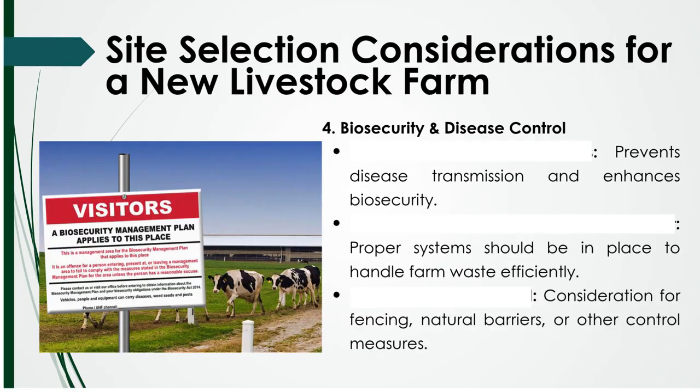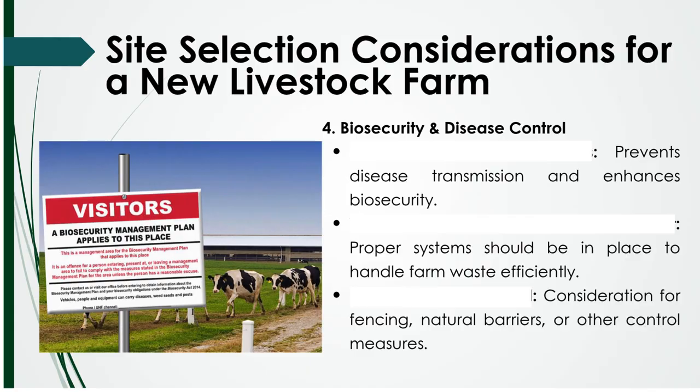Right, next, biosecurity and disease control. Your farm should be distant from other farms, so we prevent disease transmission and also enhance the biosecurity. Like I mentioned before, the distance between farms and the distance between your barns can prevent the disease transmission.